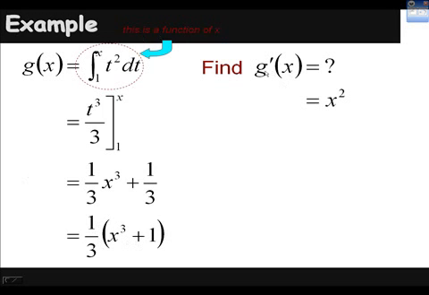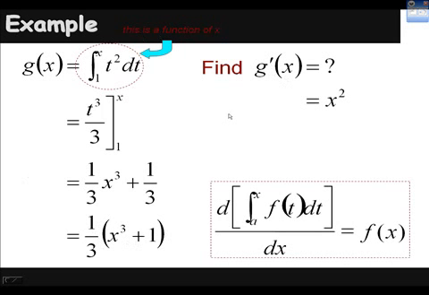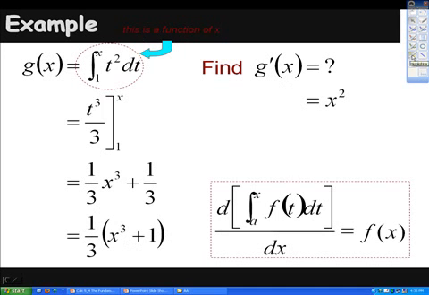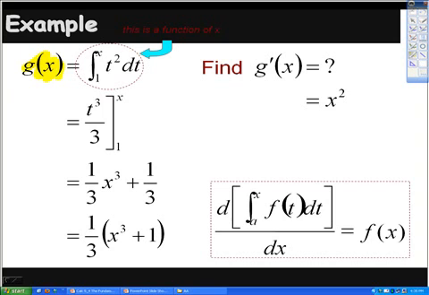But the derivative of g should just be x squared. This is g, right? This whole thing is g. G of x is equal to this function. If I want to find the derivative of g, I need to find the derivative of this function right here.